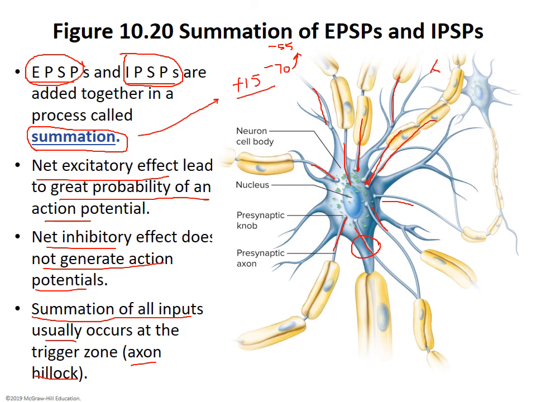If I have a net excitatory, which means I'm going to get closer to this positive 15 value to get over the hump, I'm going to have a greater potential to send this action potential. If the net is inhibitory, then it's going to be farther away. So again, hopefully that makes sense.